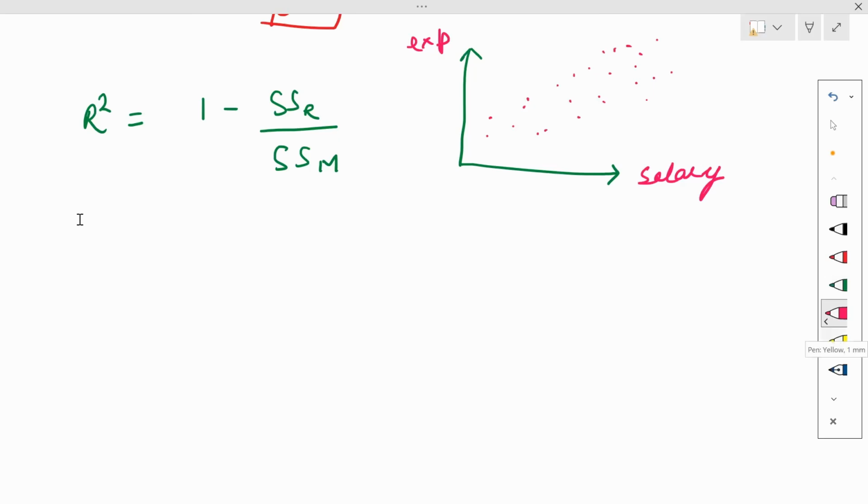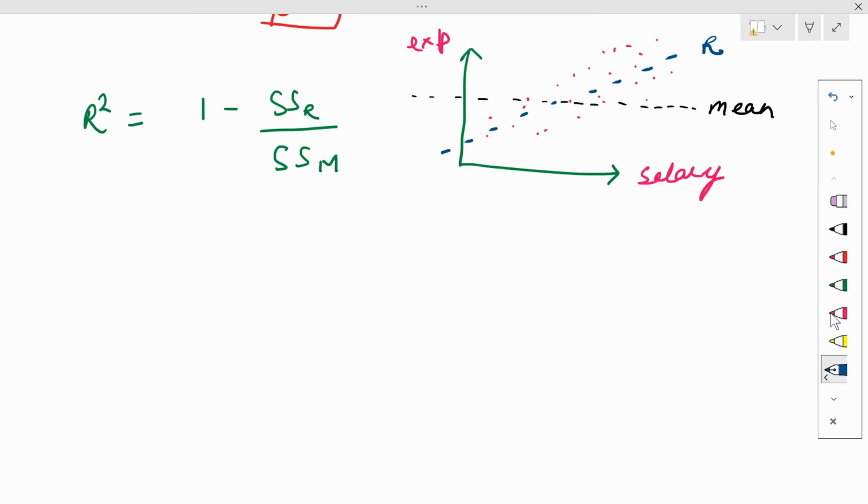Now, if we do not take experience into account, for our mean salary we can draw a line something like this. So this is our mean line. But when we take experience into consideration, our regression line may look something like this. So this is our regression line.